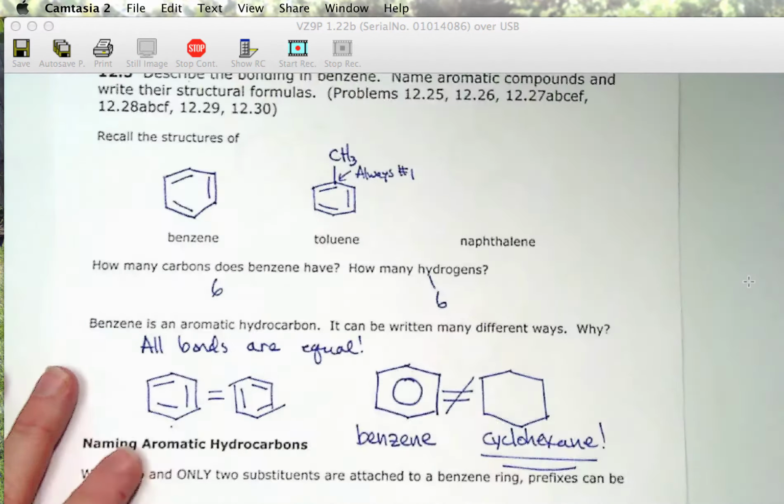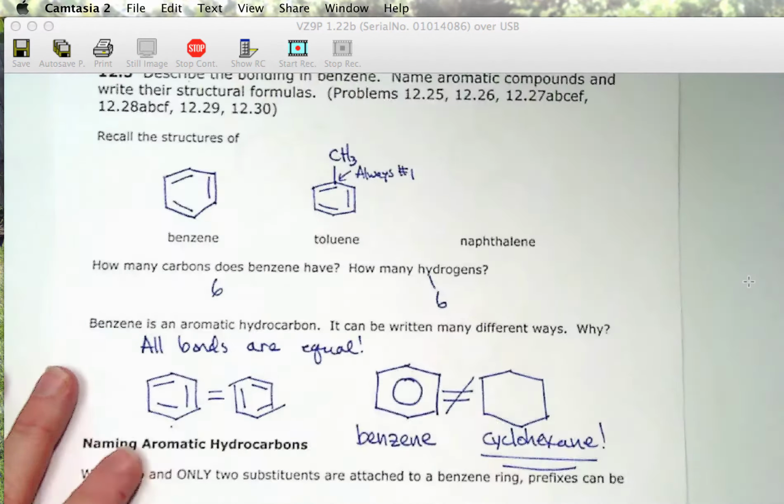And naphthalene, two benzene rings fused together. How many carbons are in naphthalene? 1, 2, 3, 4, 5, 6, 7, 8, 9, 10.